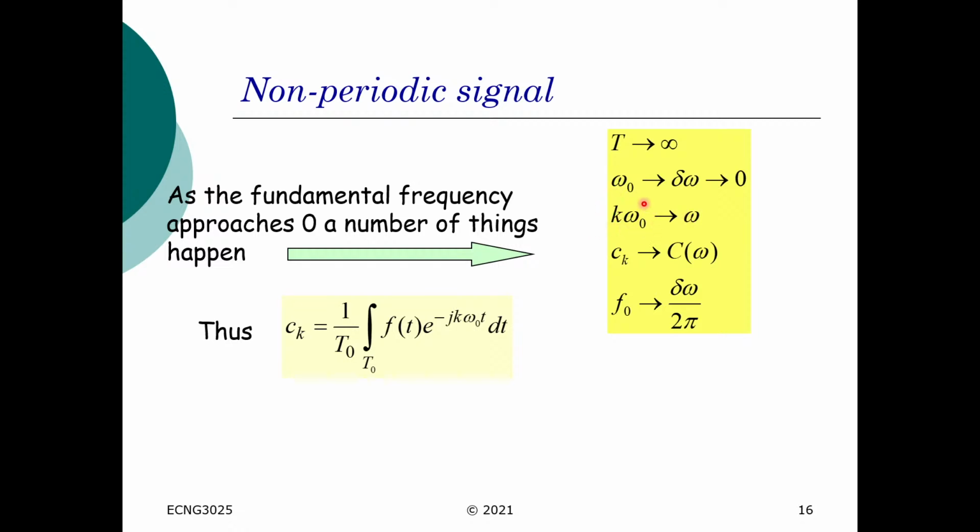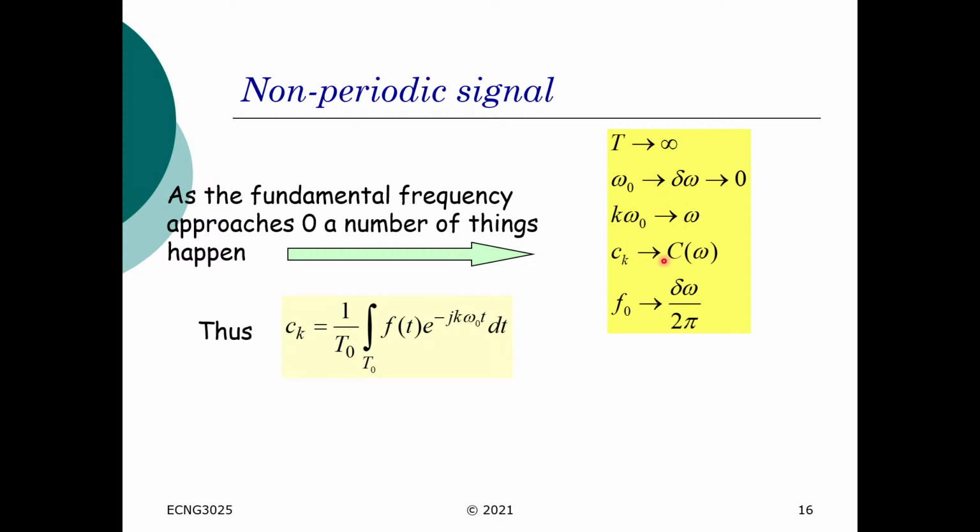k omega naught, being our individual sideband frequencies and the centralized frequencies, i.e. our harmonics, will also approach a continuous omega. And doing all these evaluations, Ck is now going to become a function of continuous omega.